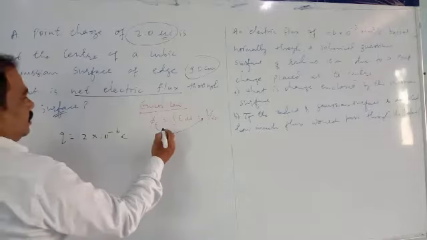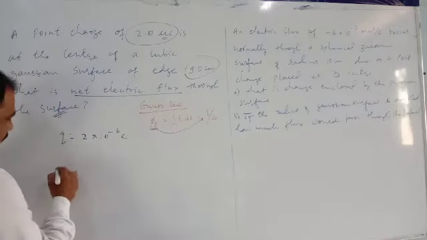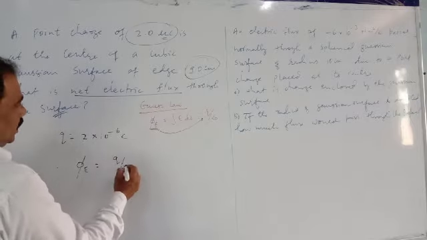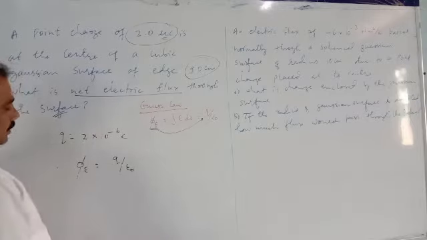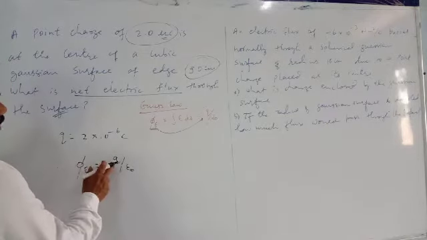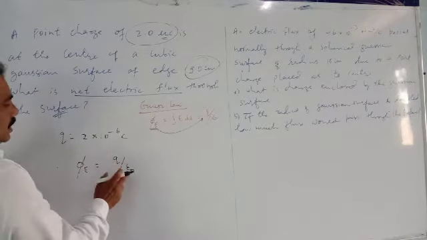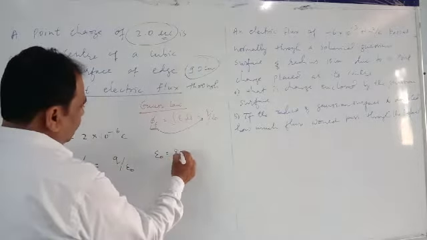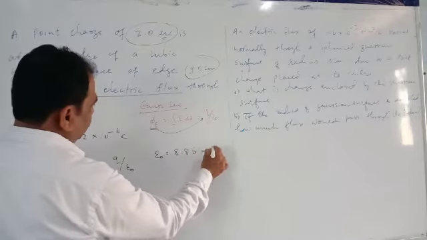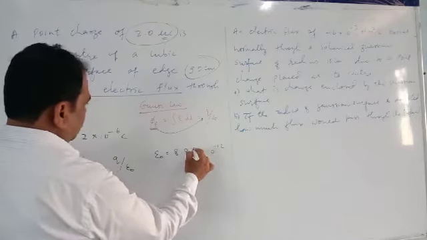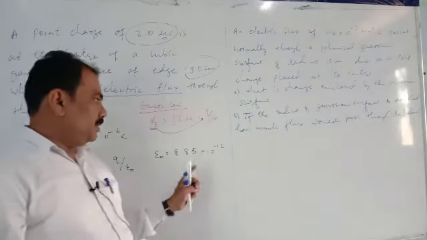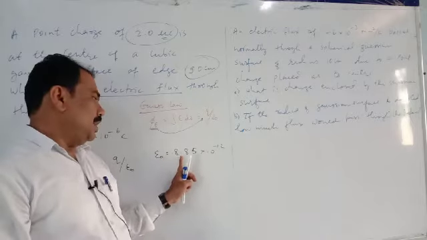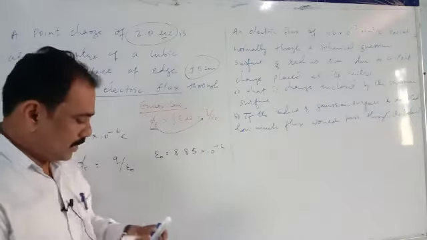Q is given to us, and we know epsilon naught. What is the value of epsilon naught? 8.85 into 10 to the power minus 12. It has a constant value, so you should remember this value for the permittivity of free space.